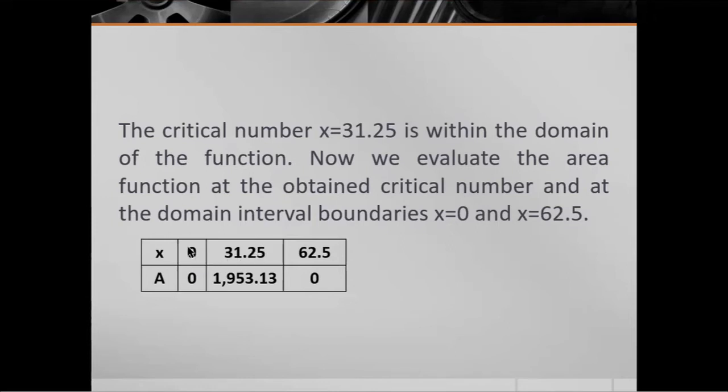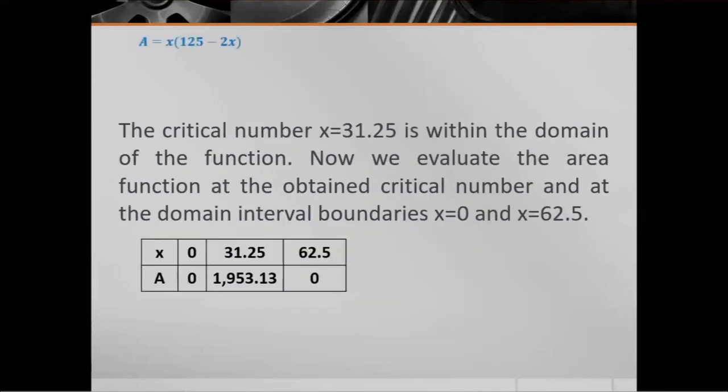Then, ang ating closed interval ay 0 and 62.5. So, paano na-obtain itong area natin? 0, 1,953.13, and 0. So, ang gagawin lang natin, we're going to compute the value of x to the given area.